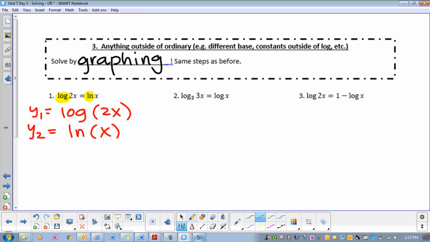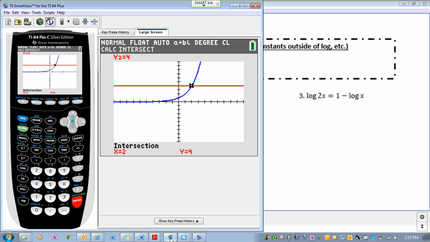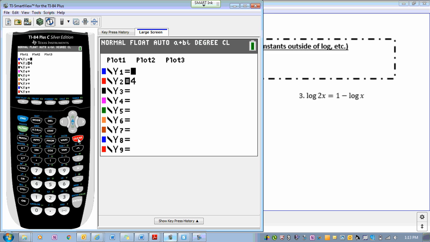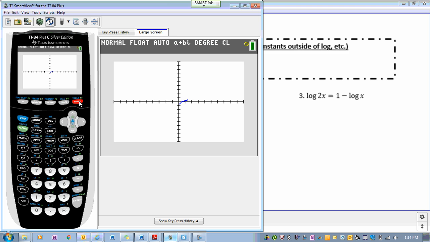Let's find the intersections, and let's find our solution. I'm looking for x, right? Now let's graph it.